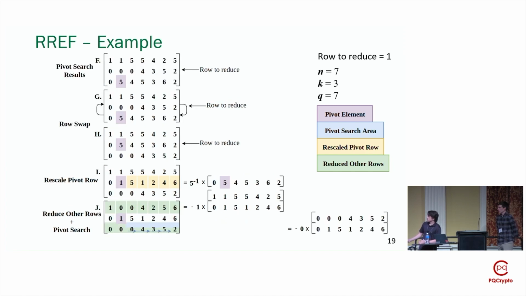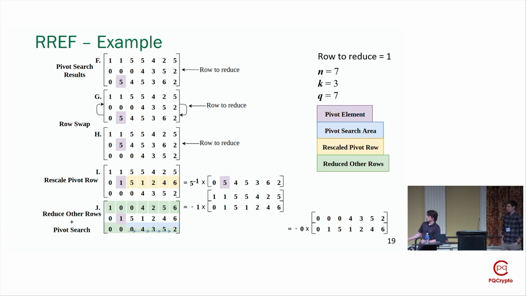Because 5 is our next pivot element, we need to swap it so it's in the correct row to reduce. We perform that swap here, and then we want to rescale that pivot element so it is a 1. So you repeat that step that we described earlier: you multiply that entire pivot row by the inverse of the pivot element.